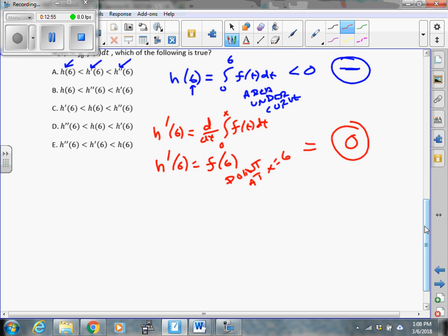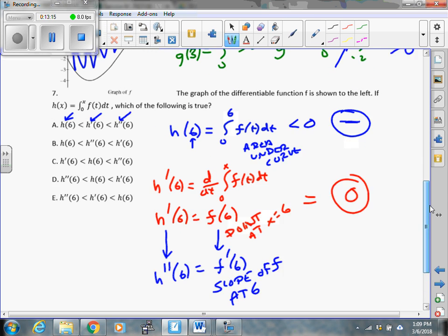The last one is the second derivative. If I have the derivative and I take the derivative again, that means I need to take the derivative of this guy, which is f(6). That's the slope of f at 6.